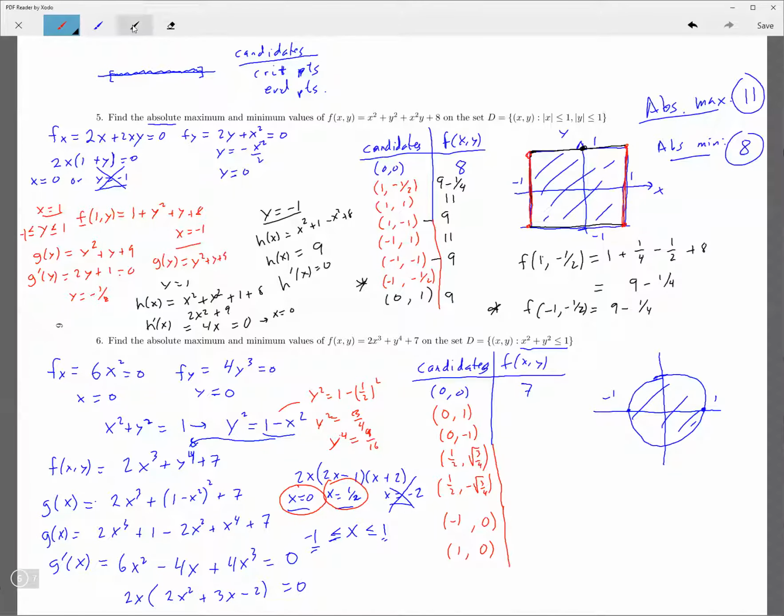Okay, let me do these in black so you see those are coming from here. So we have all of our candidates. Now let's calculate the values. If you put 0 for x and 1 for y, you get 8. You get 8 there also. Here you're going to get a mess.